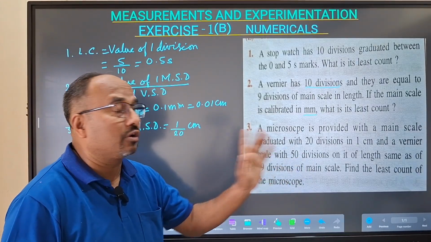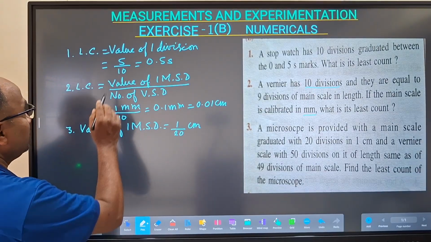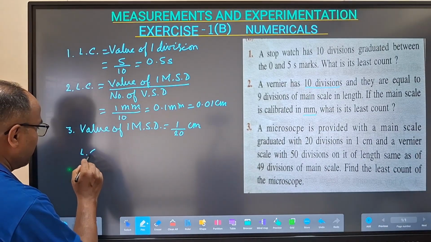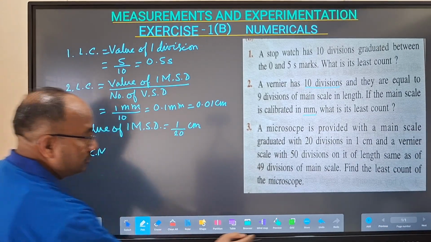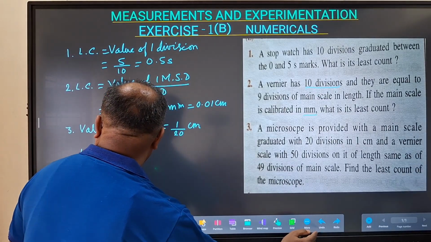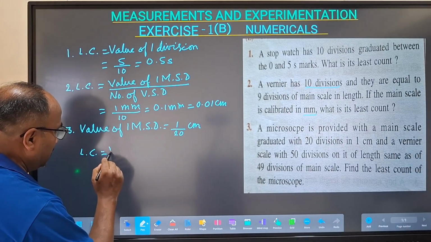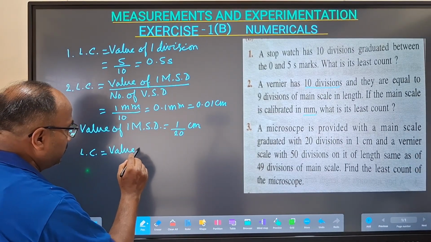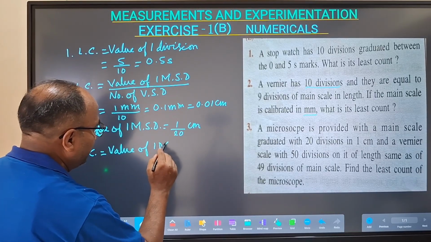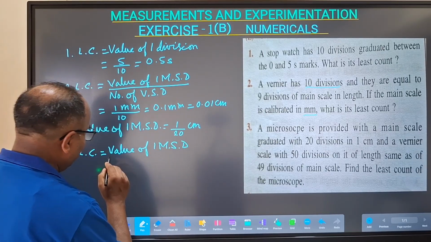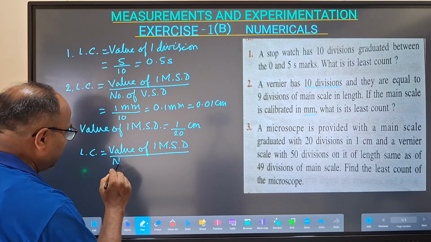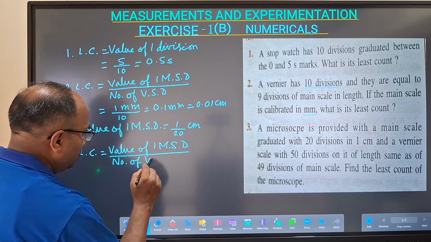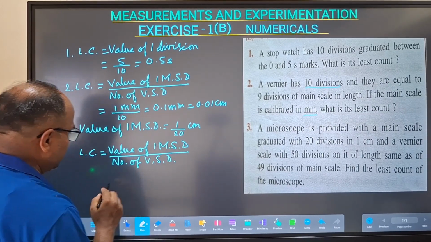Then we know that number of divisions of the vernier is 50. So again using this same formula, least count equals value of one main scale division divided by number of vernier scale divisions.